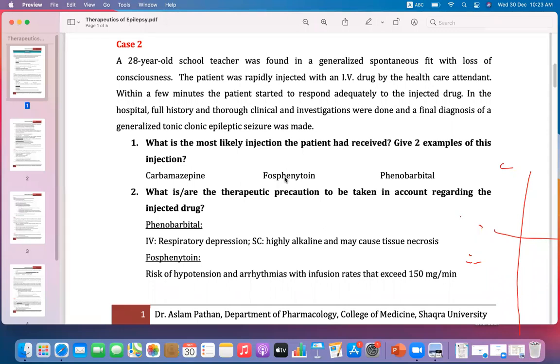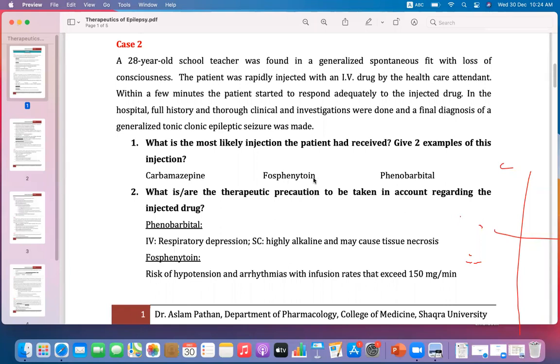Phosphenytoin is a prodrug of phenytoin. Because we discussed in the previous lecture, phenytoin has low solubility, and due to low solubility, the intravenous administration may be affected. So we need phosphenytoin, which is a prodrug and more soluble.